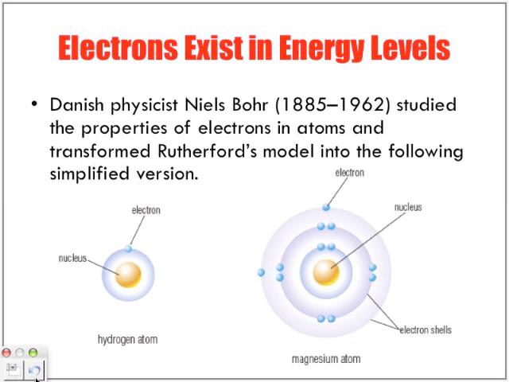This is what we call the Bohr diagram. In the Bohr diagram, we show the nucleus of the atom, and surrounding it are these energy levels, or we're going to call them shells, or orbitals.